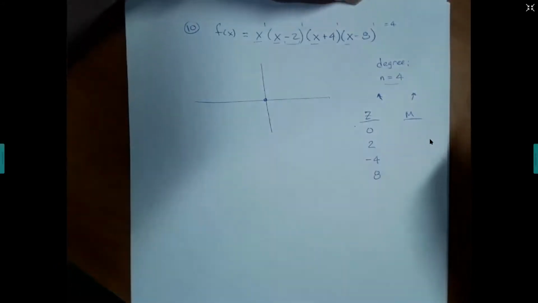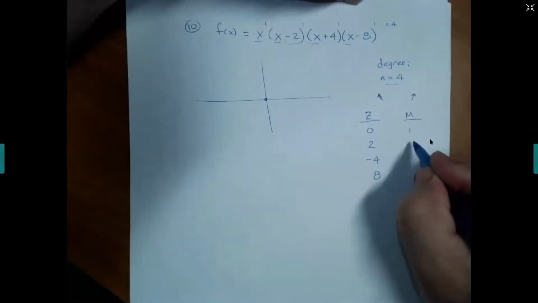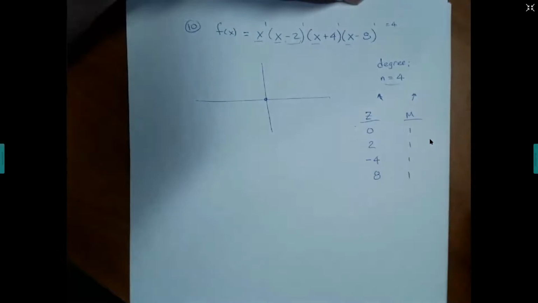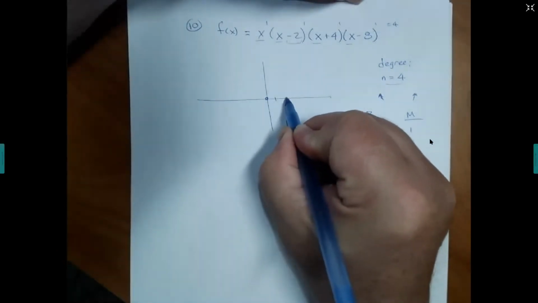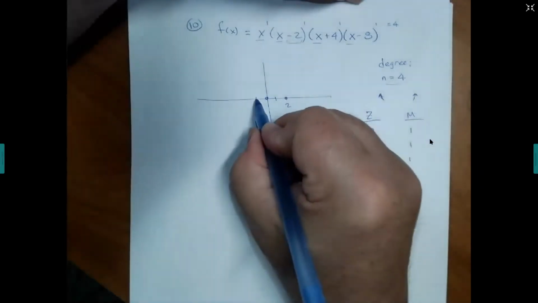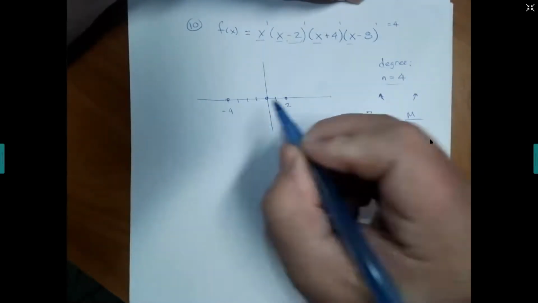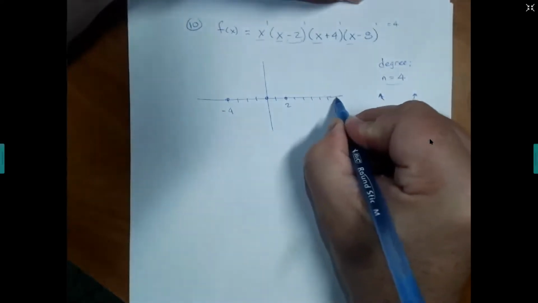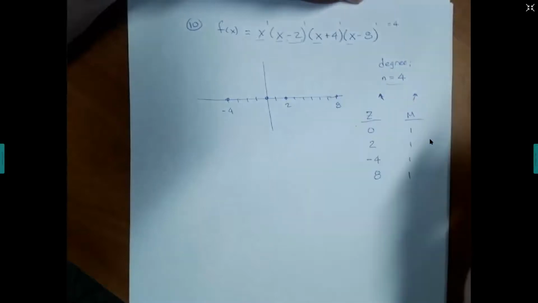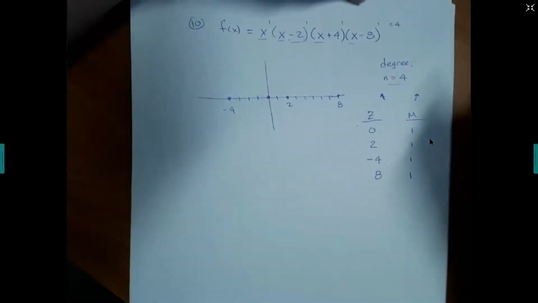What are their multiplicities? Yeah, they're all 1. So we have zeros at 0, at 2, at -4, and at 8. Those are all my x-intercepts.